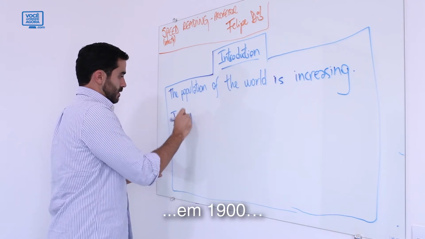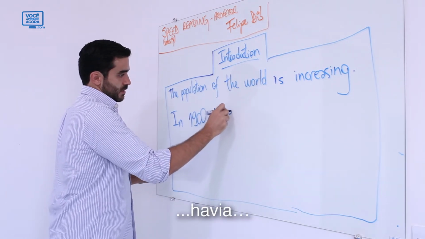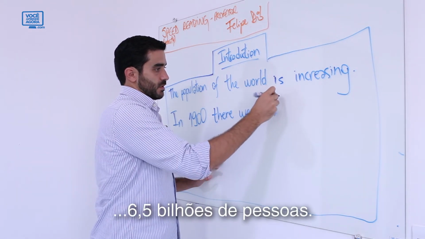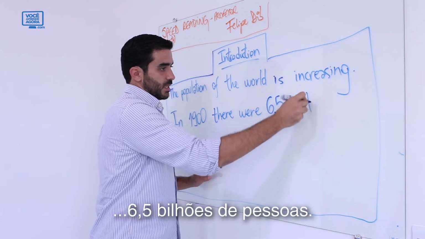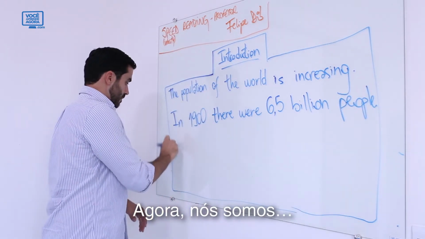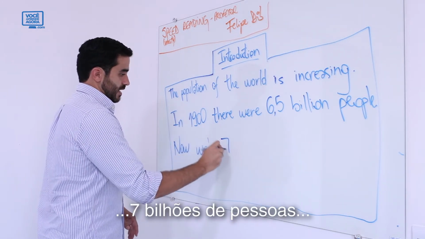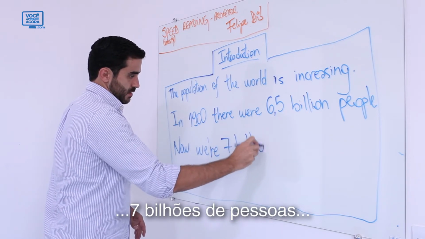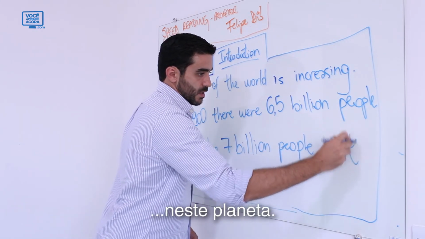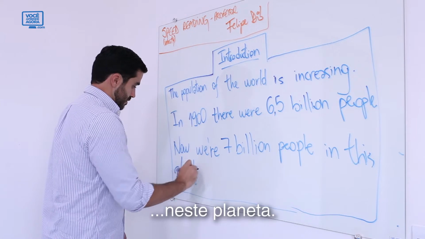In 1900, there were 6.5 billion people. Now we're 7 billion people in this planet. All right.